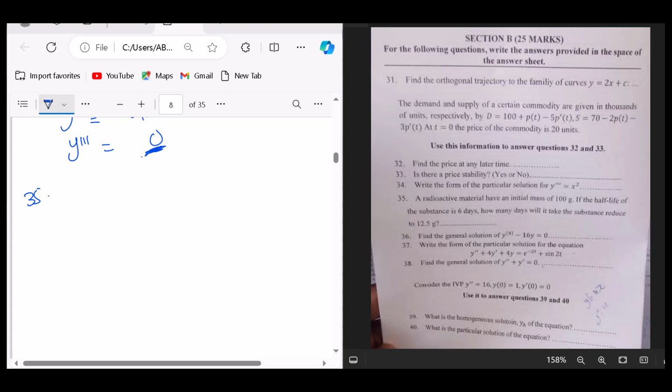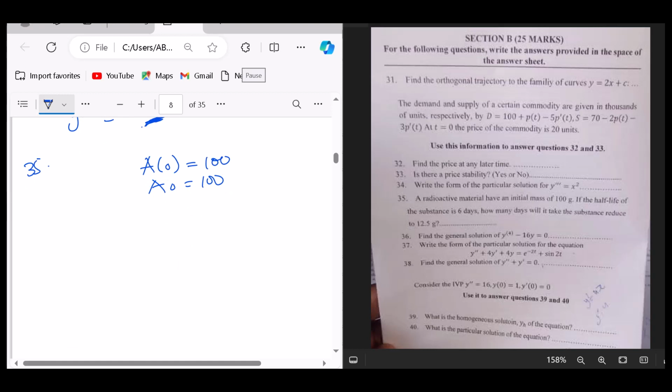The initial amount is just 100, it means a naught is 100. We all know the equation modeling is A of t equals A naught e power kt.